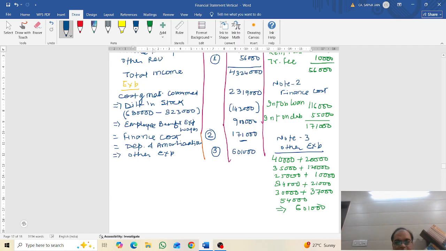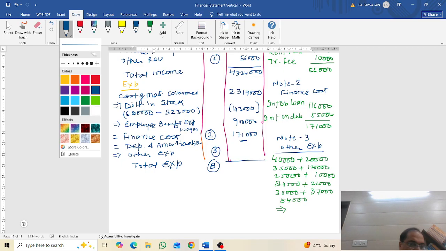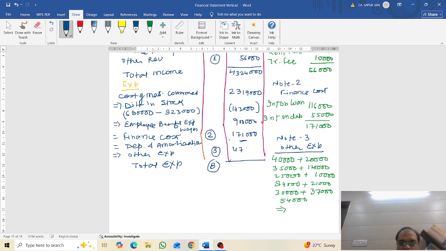Now this is the total expenses B. Clear? Now this is not 6,01,000. This is 4,76,000.